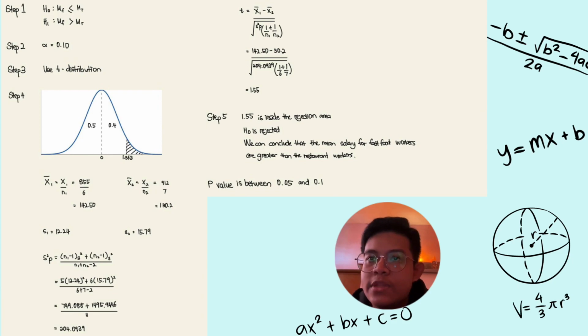And next, we use the T formula, which is x bar 1 minus x bar 2 divided by the square root of S squared p times 1 divided by n1 plus 1 divided by n2, and we get the answer 1.55. And lastly, step 5, 1.55 is inside the rejection area. H0 is rejected. We can conclude that the mean salary for fast food workers is greater than the restaurant workers. So the p-value is between 0.05 and 0.1.